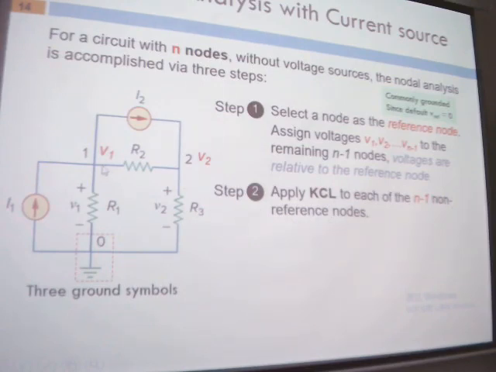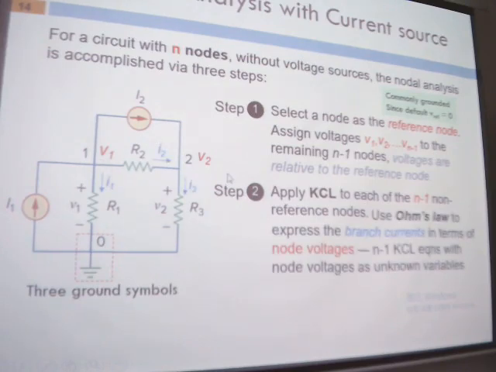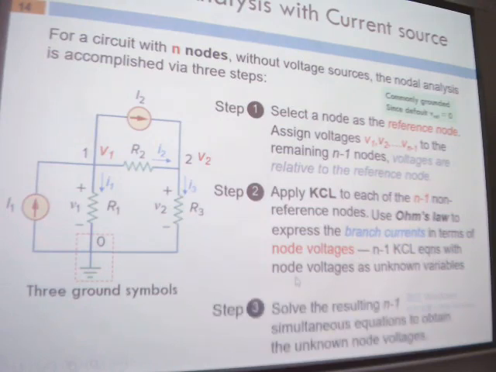That is, for V1 we write a KCL law, and for V2 we write a KCL law as well. And the third step, we express the branch currents in terms of the node voltages, giving n minus 1 KCL equations with node voltages as unknown variables.